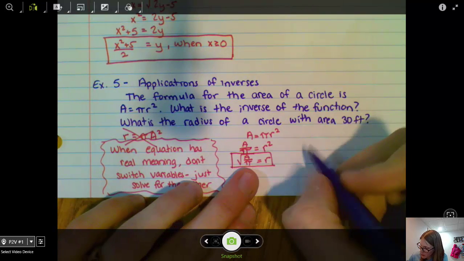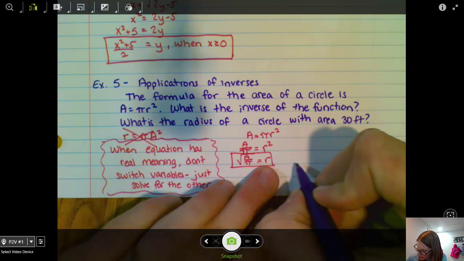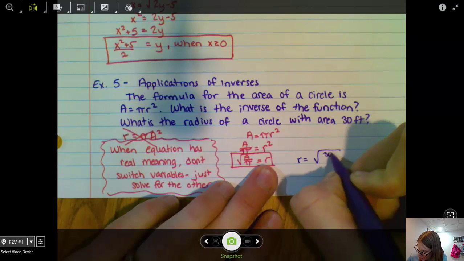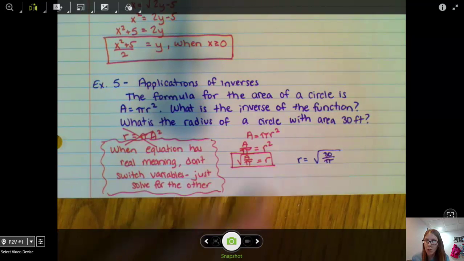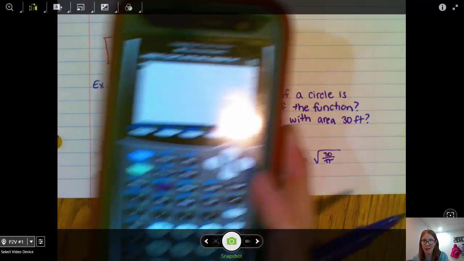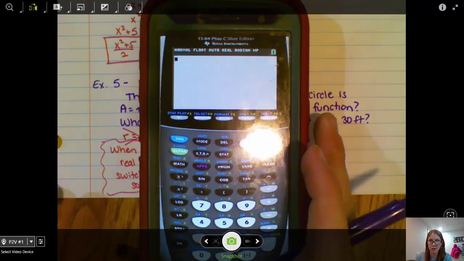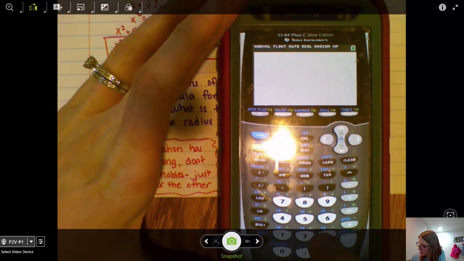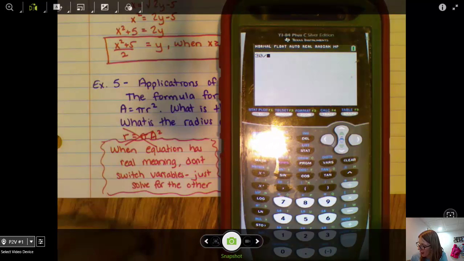All right. So the second piece here, if my area is 30 feet, r is the square root of 30 over pi. And I'll just type this in your calculator. Don't forget that your calculators have a button for pi. Trying to get this out of the glare a little bit. Okay. 30 divided by pi.